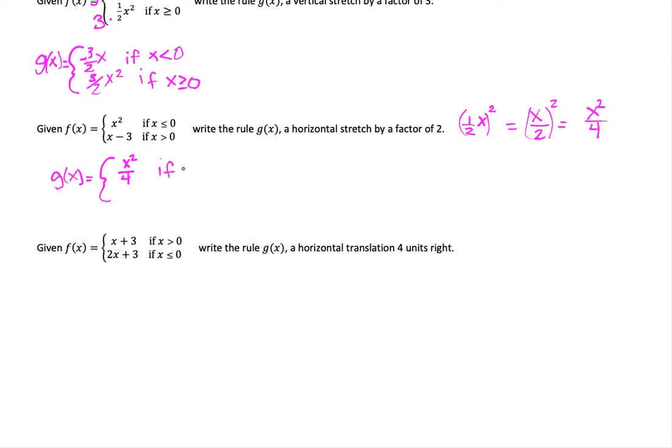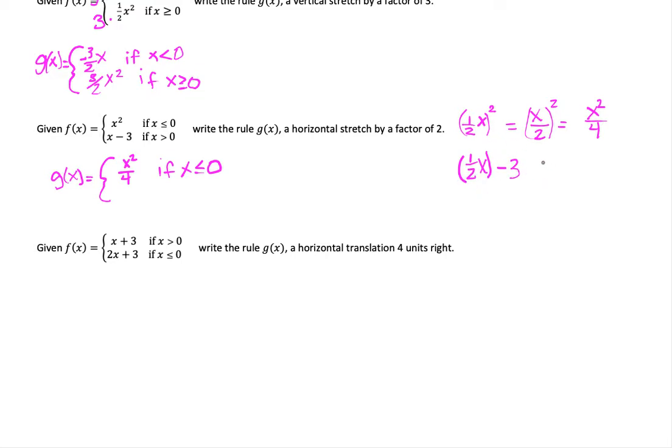So that's what my new rule looks like, x squared over 4. And my domain stays the same. So with the x minus 3, a horizontal stretch by a factor of 2 just on the x, it looks like this. And then you can drop the parentheses.